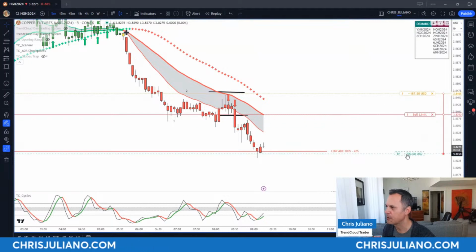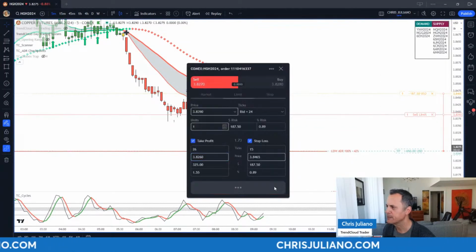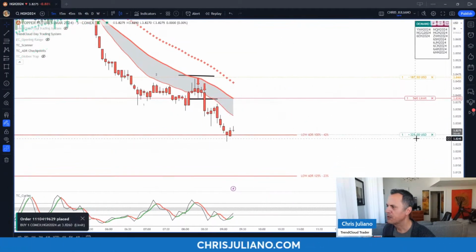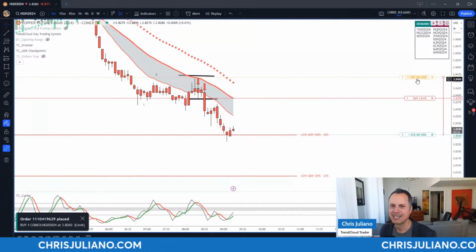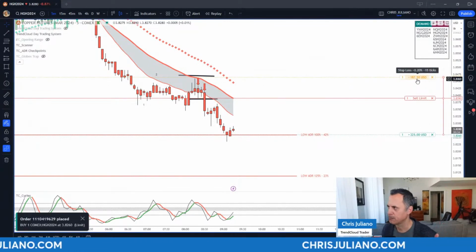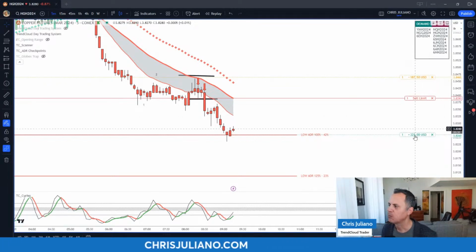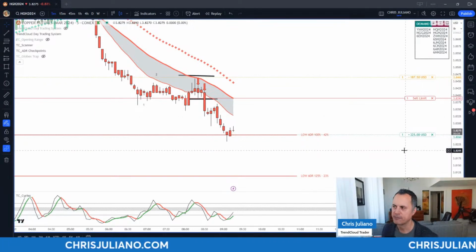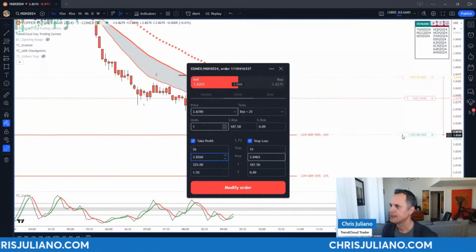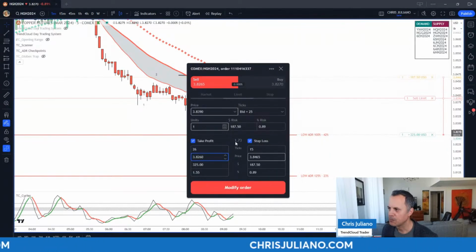What was the target with one contract? $325. So you risked less than 1%. We risked less than 1%, and we made $325, almost 2 to 1.